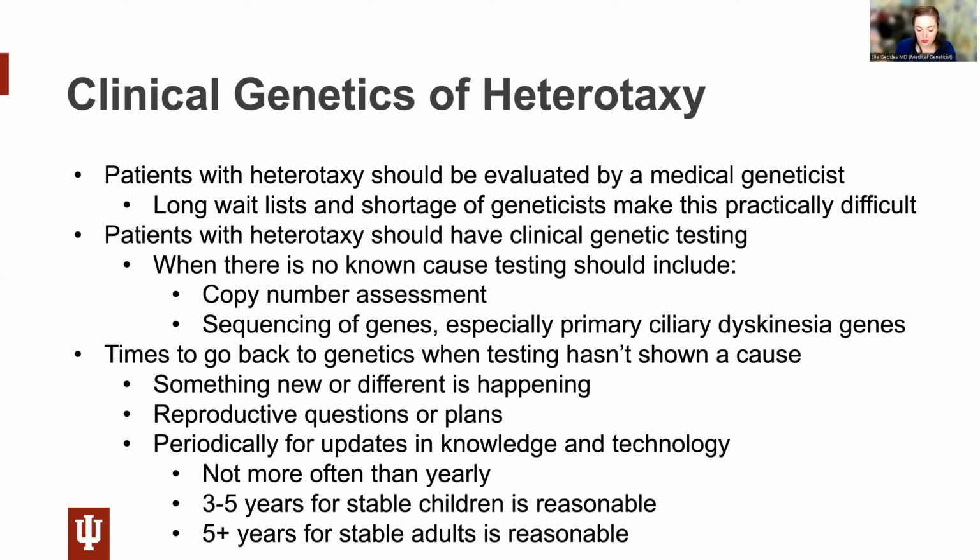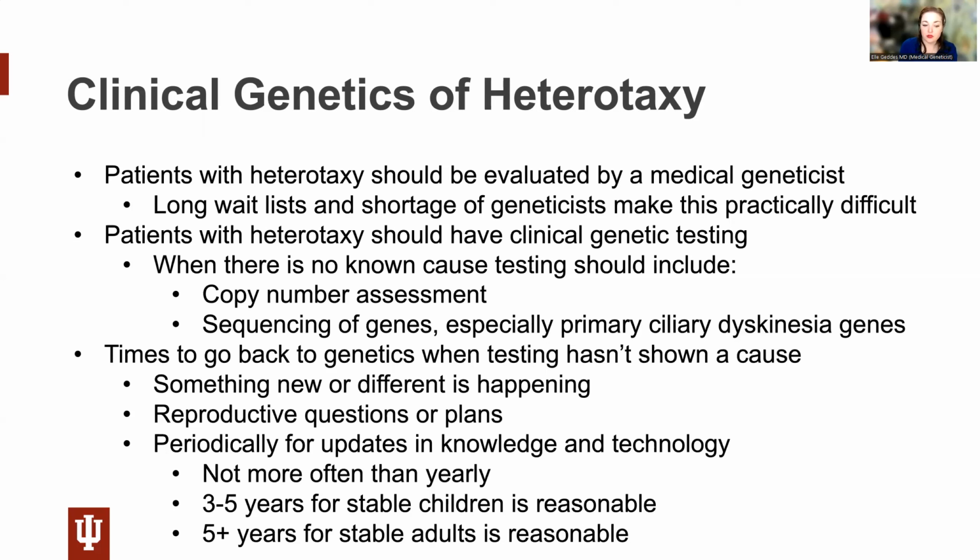And so we typically don't do this more often than yearly. Genetic knowledge moves incredibly quickly and also incredibly slowly. And so often for stable kids who aren't having major medical changes, I do it on more of a 3 to 5 year range to allow for significant advances and potentially significant new technologies or testing availabilities.